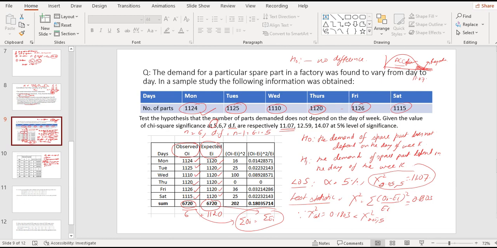Unless it is given in the question, we always consider a right tail test. But if the question asks us to calculate a confidence interval, then we need to calculate the left limit as well as the right limit with the help of the table itself, and then we can calculate the confidence limit. Otherwise we apply only the right tail test.